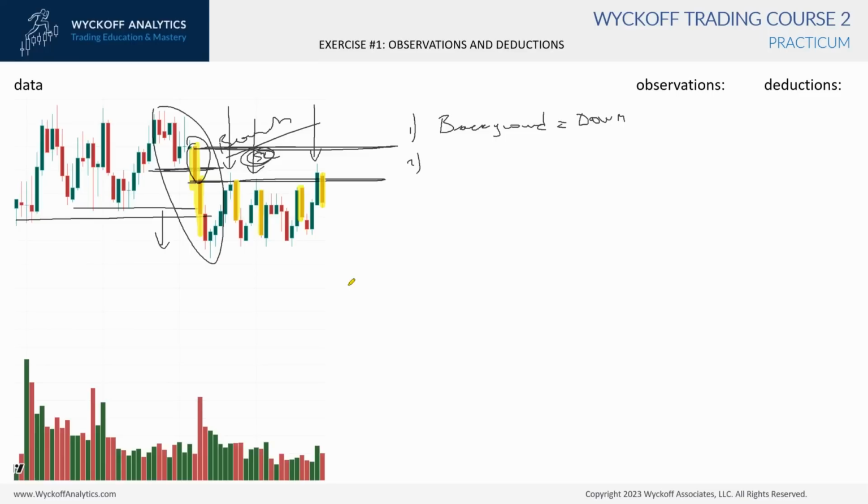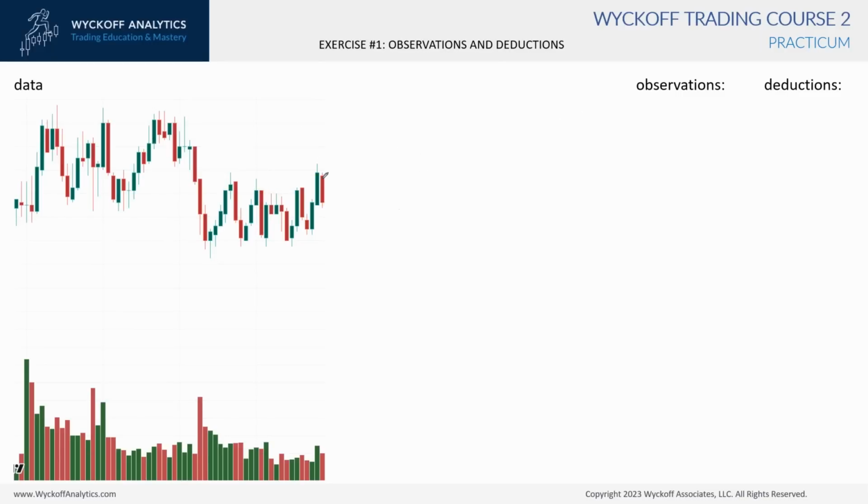All right, so the background is to the downside. There is definitely some selling coming in, and it cannot overcome this level any time that it tries. And then on the last attempt to do so, what do we see? We are trying to overcome the resistance on this bar, marginal commitment, not even commitment above this high, just the highest close here, but not over the resistance. And then on the next day, what happens here? What's the observation that we could make after some emergence of the supply?